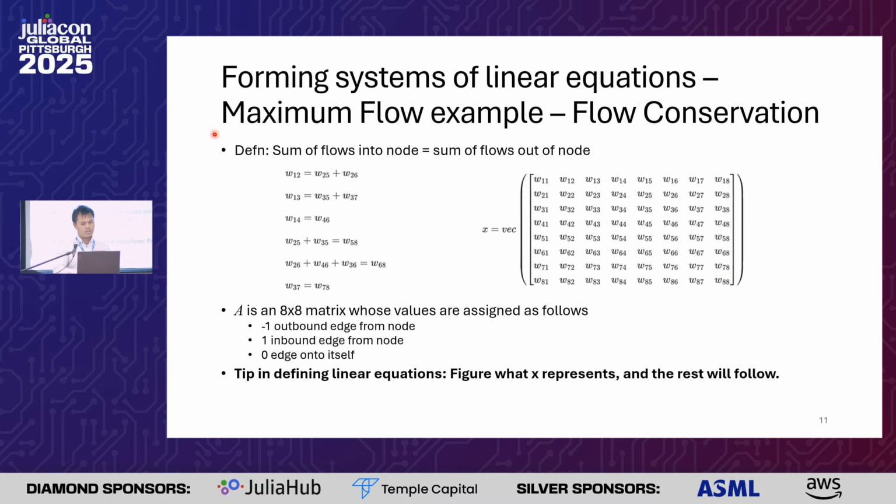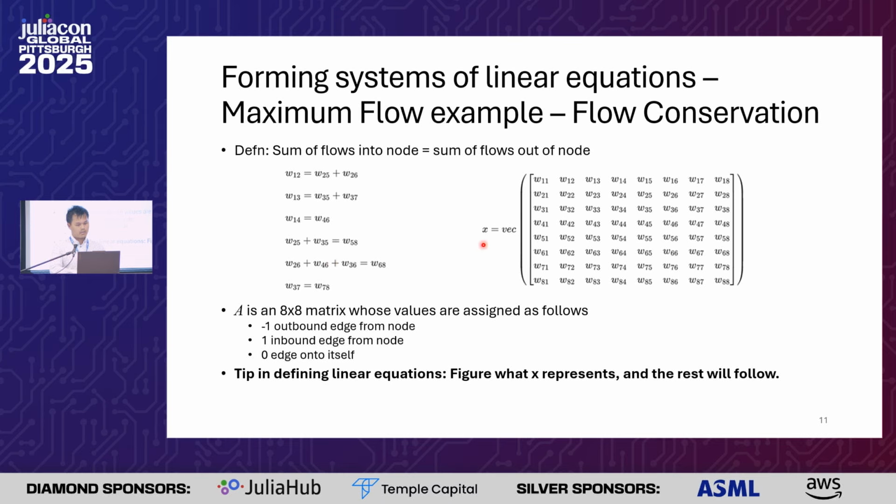Okay, so here's a technique that I use to convert those functions that encode the problem into matrix form. An example of this in maximum flow is the flow conservation constraints. Flow conservation means the sum of flows into a node is equal to the sum of flows out of a node.